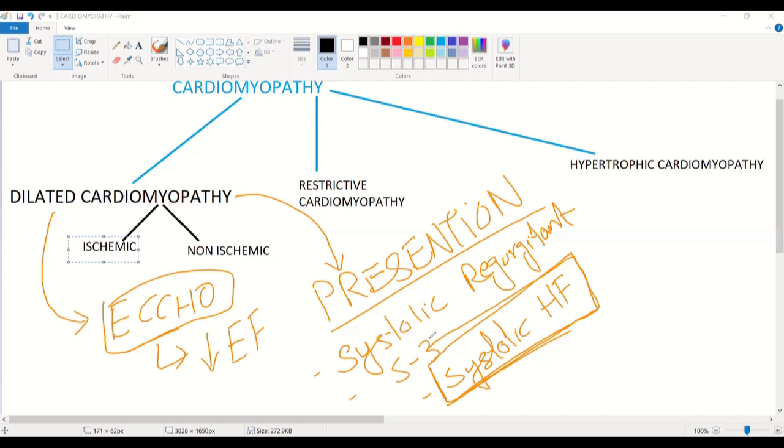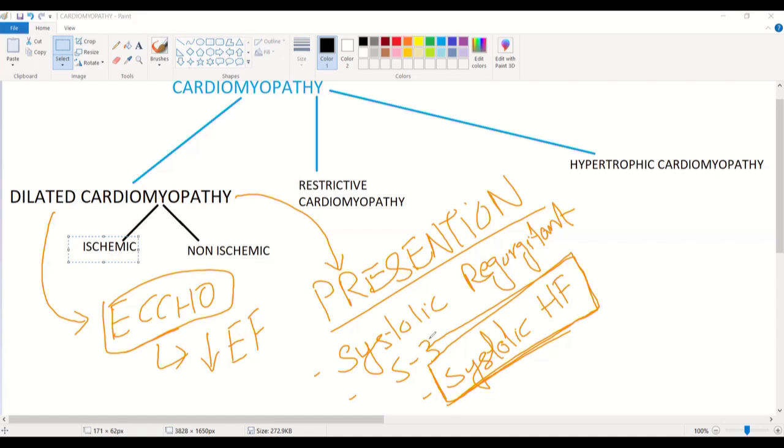The normal range is 55% to 70%. If it is less than 55 or 50, it is decreased ejection fraction and it is labeled as systolic heart failure. And if it is normal, then it is normal ejection fraction.